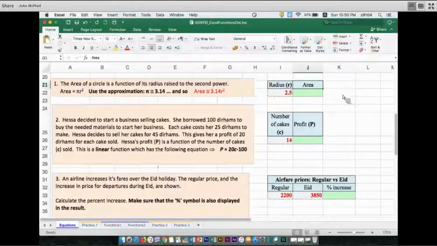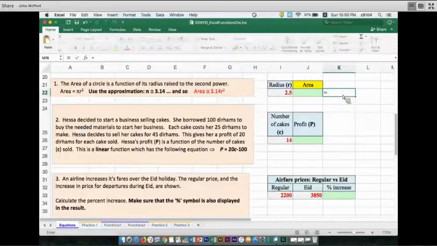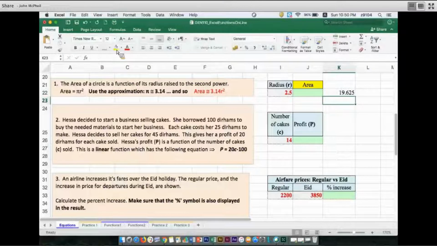The area is equal to 3.14 times, the asterisk, 2.5 I'm going to put there, raised to the power 2. I put the data right in the formula. I hit enter. 19.625. That's actually the correct answer, but it's the wrong way to do things.